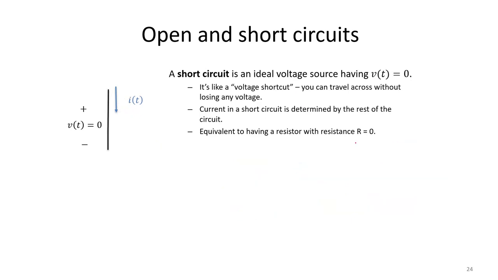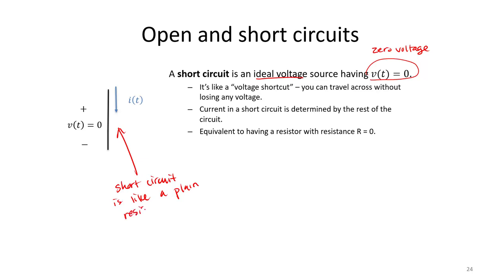Next is short circuits. You may have heard of short circuits if you've done any soldering work with electronics. A short circuit can happen if 2 points unexpectedly become connected. And so a short circuit is modeled by an ideal voltage source having zero voltage. Basically, a short circuit is like a plain resistanceless wire.